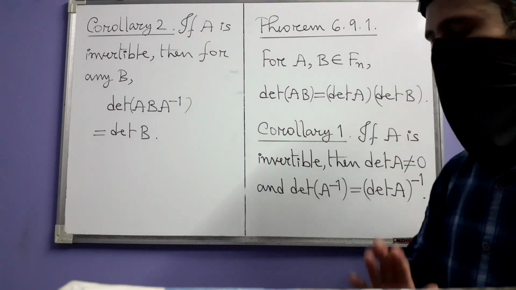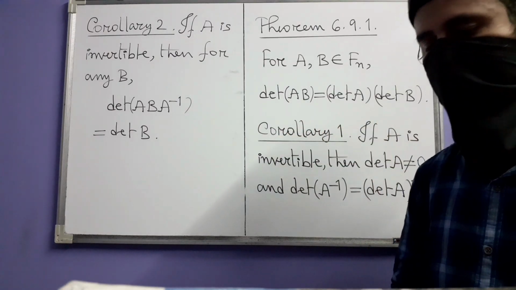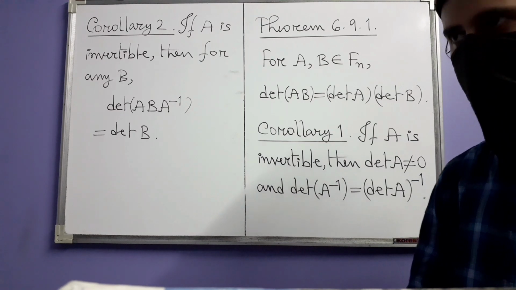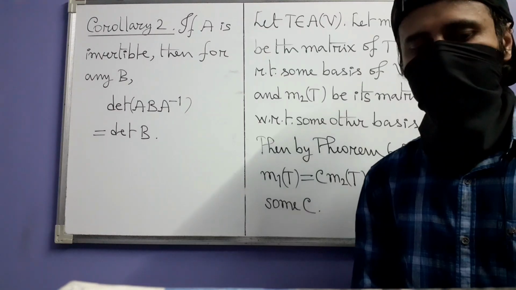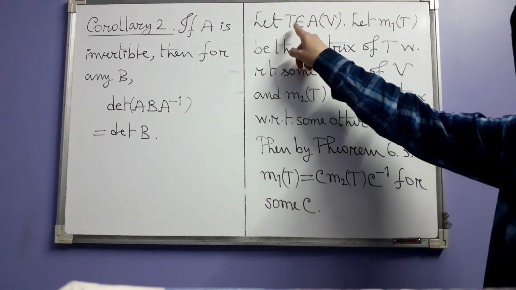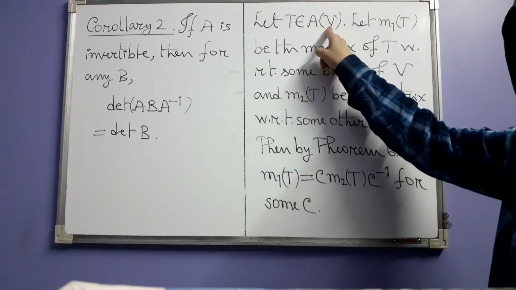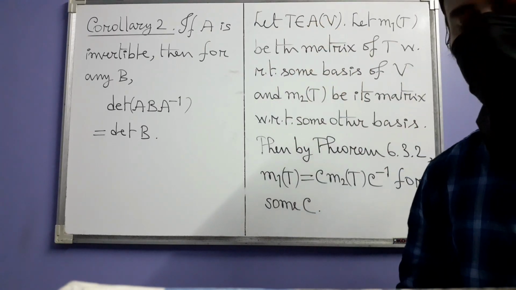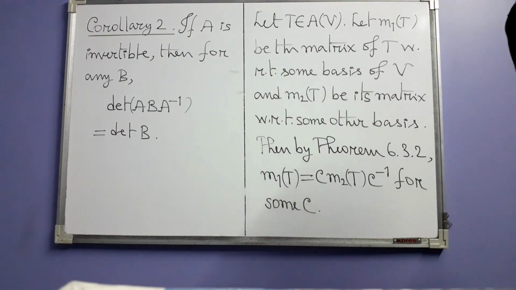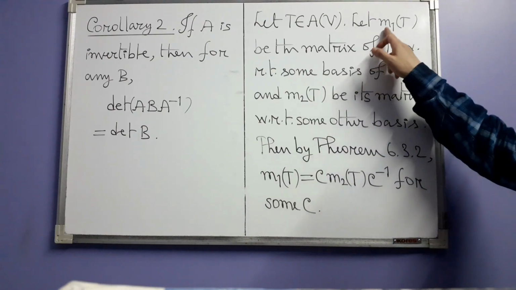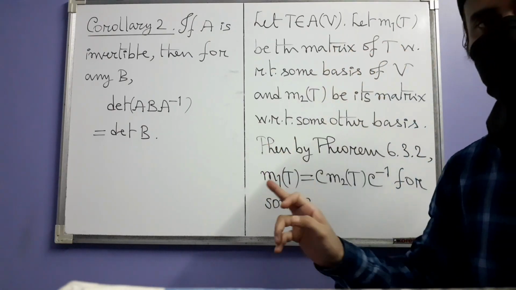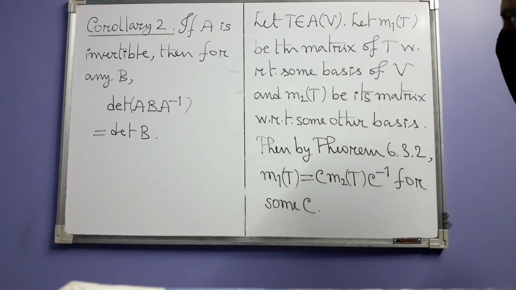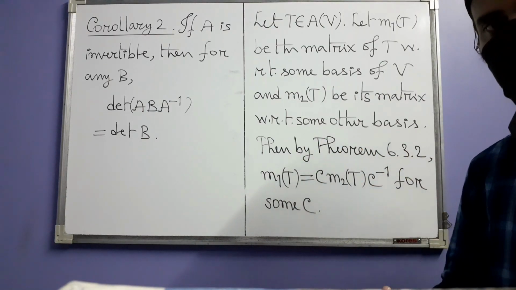And this result allows us to define the determinant of a linear operator. Let's see how. Say you have a linear operator T on the vector space V. That means T is an element of this operator algebra A of V, and V of course is finite dimensional. And let M1 of T be the matrix of T with respect to some basis for the space V. Now if you change the basis, the matrix will also change.